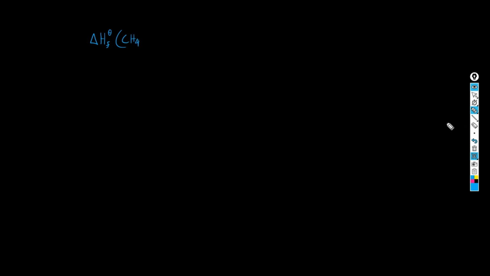Again, this means the creation of 1 mole of CH4, so I leave this as 1. That will be a gas. So let's take CH4 gas as our product, because our product is always just 1 mole of the compound we're making.